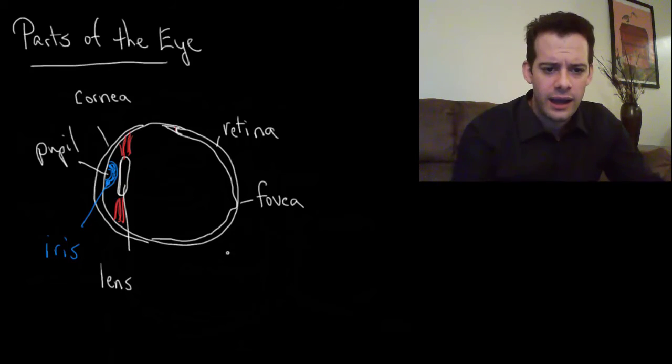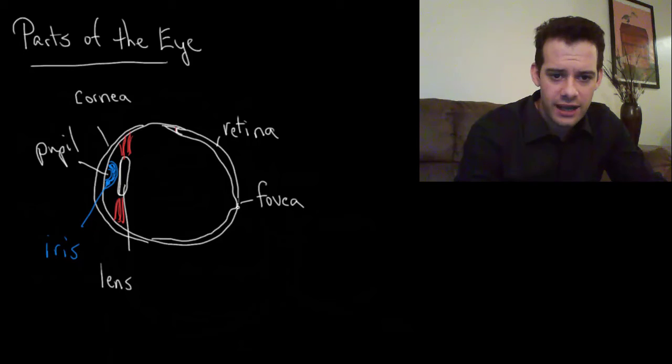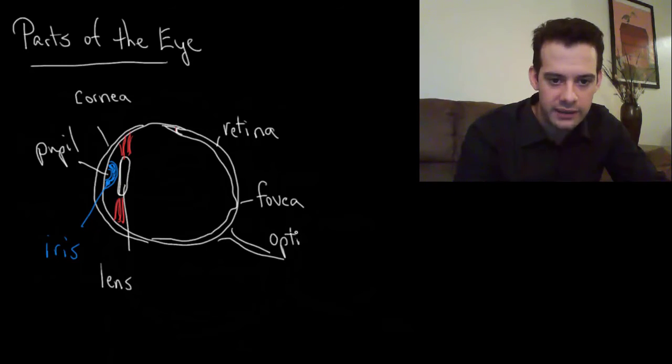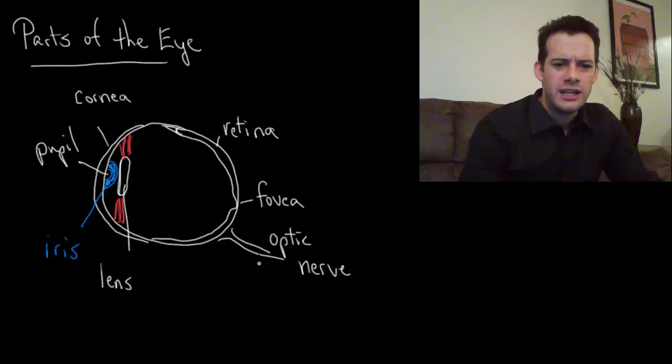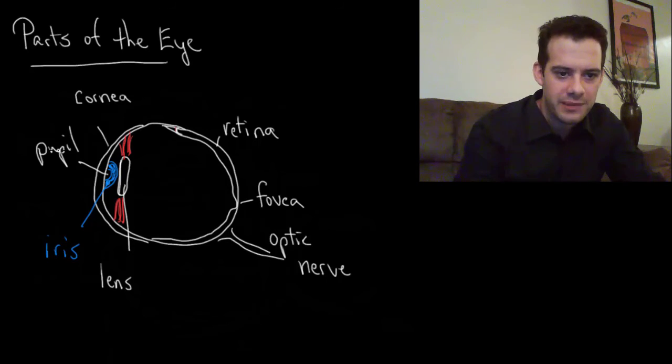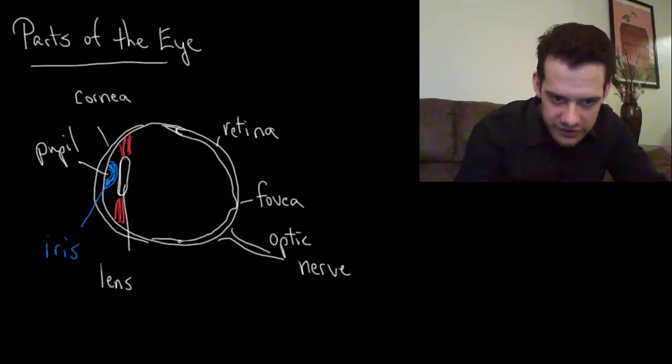Okay, so all of this information gets collected by all these cells in the retina, and then they get sent out through the optic nerve. So they all get sort of collected and sent out to the brain here at the optic nerve. Now, you might be wondering, well, it's kind of strange, right? Our eyes seem kind of backwards, right? Because we don't actually see with the front of our eye, we see with the back of our eye.